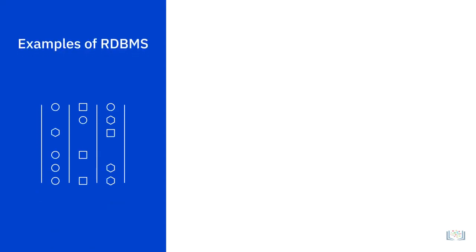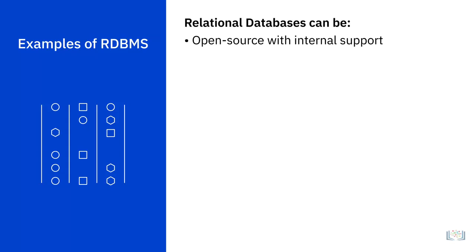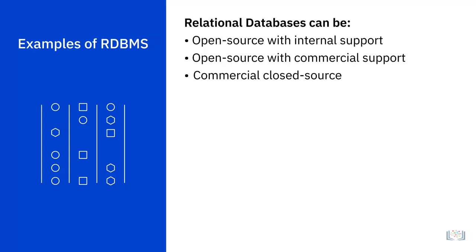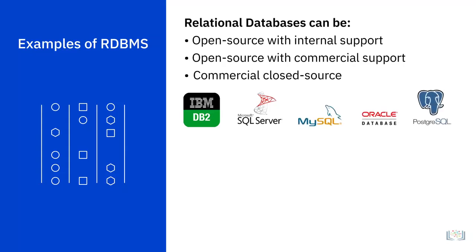Relational databases range from small desktop systems to massive cloud-based systems. They can be either open source and internally supported, open source with commercial support, or commercial closed source systems. IBM DB2, Microsoft SQL Server, MySQL, Oracle Database, and PostgreSQL are some of the popular relational databases.